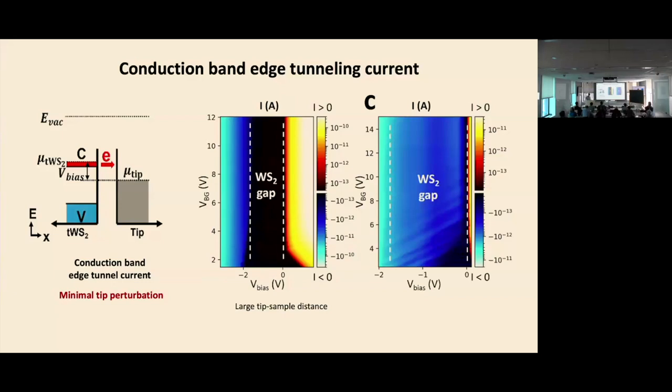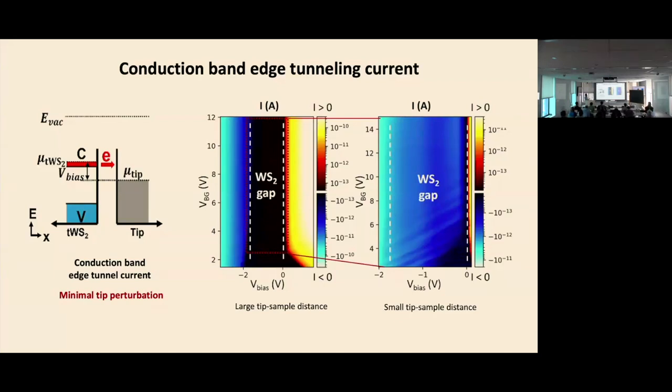But when we push the tip very close to the sample, and zoom in close to the gap region, we found that there is a finite tunneling current even inside the gap, which corresponds to this situation.